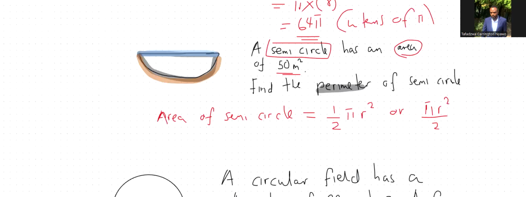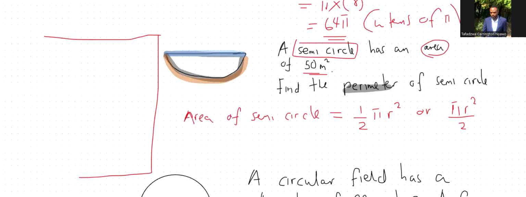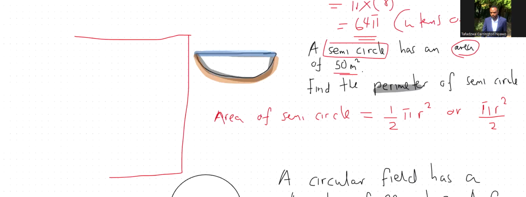So now, let me just use this space over here. I'm going to just squeeze in and do my calculations over here. I'll just put my board right here, so that I can capitalize on the space.